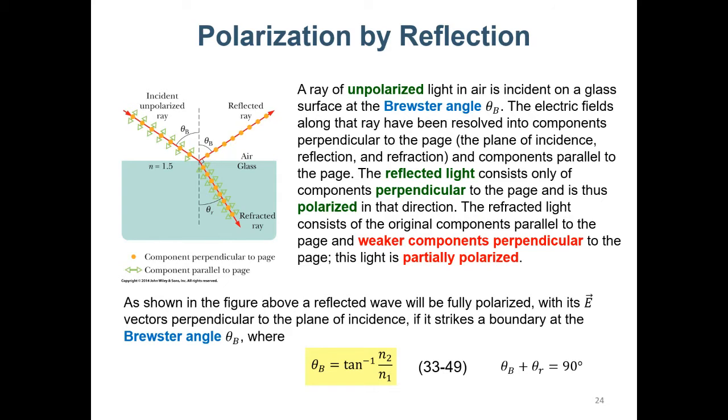Theta r is actually theta 2. So we have theta r plus theta b equal to 90 degrees, pi over 2. This is the Brewster angle. Any questions?